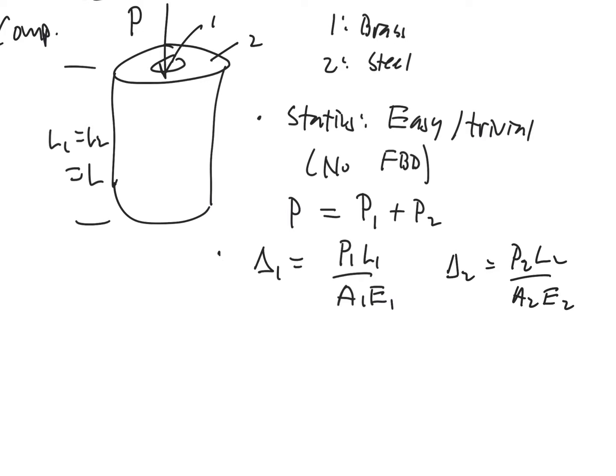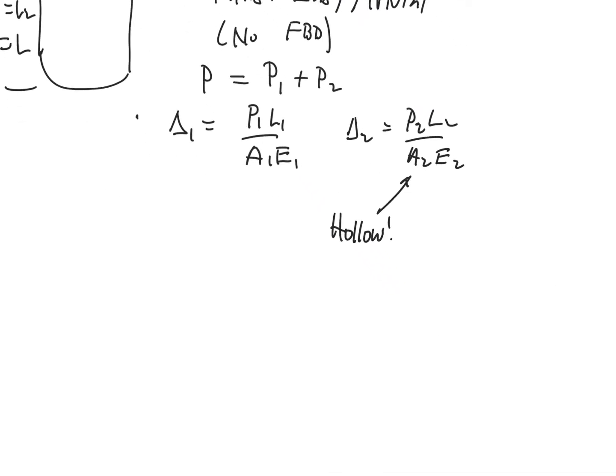The second thing we've got to watch out for is A2. A2 is hollow. You have to subtract the interior area of material number 1, so make sure that you subtract area 1 from the circle. Otherwise it's not going to be correct.